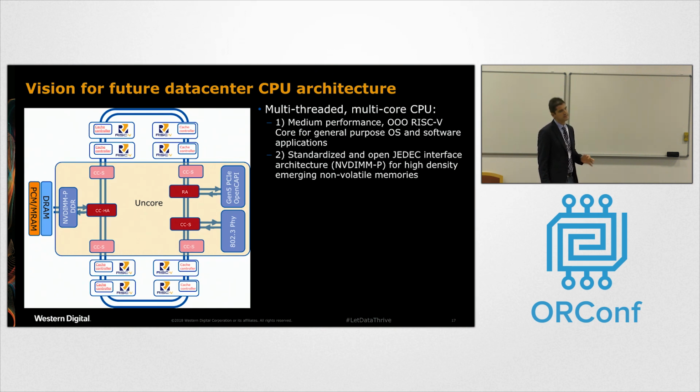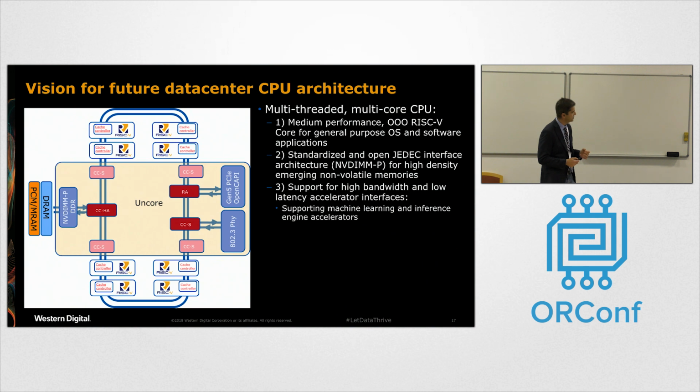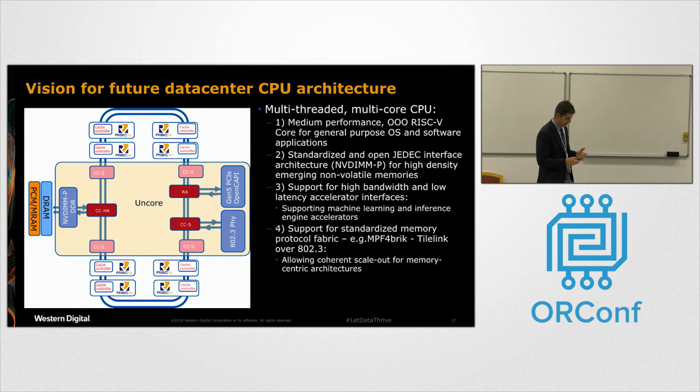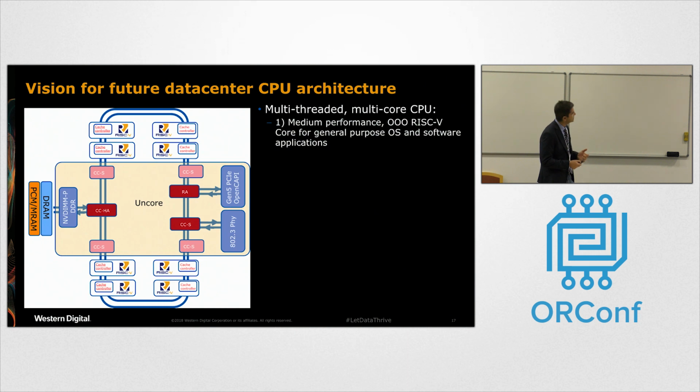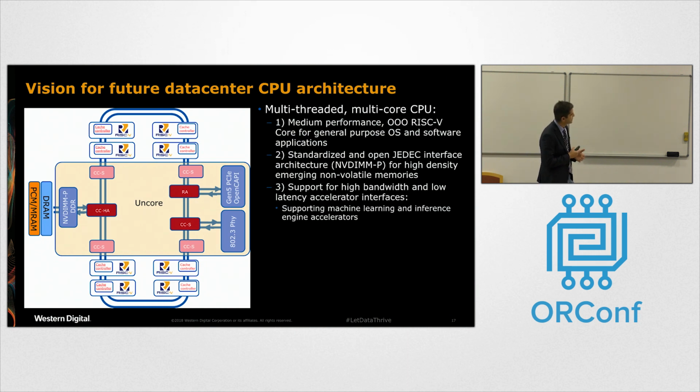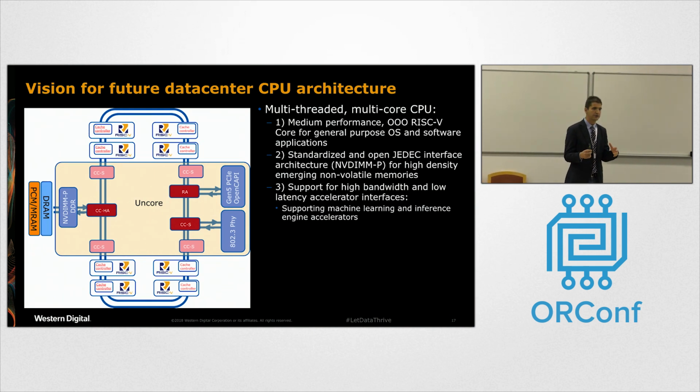So NVDIMM-P is the standard that we've developed in JEDEC with many other memory companies, and we'd like future RISC-V processors to support it. Then, support for high bandwidth and low latency accelerator interfaces. This is interesting because of machine learning. If you look at how compute is changing in the data center, more and more algorithms that are doing interesting things or generating revenue employ different machine learning methods.